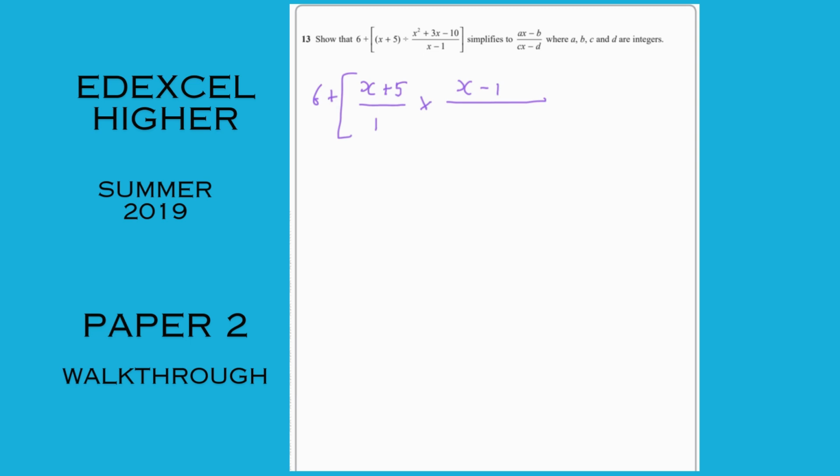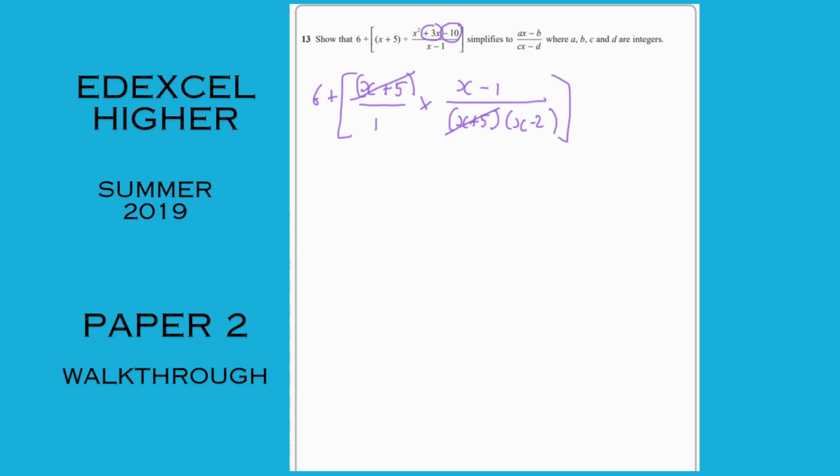You can be rest assured one of the brackets will be x plus 5. But let's not assume. 2 numbers which multiply to make -10, add together to make +3. Well, it is indeed +5 and -2. So we can get rid of that. In other words, we can ignore the first part entirely, and we can cross out the x plus 5.